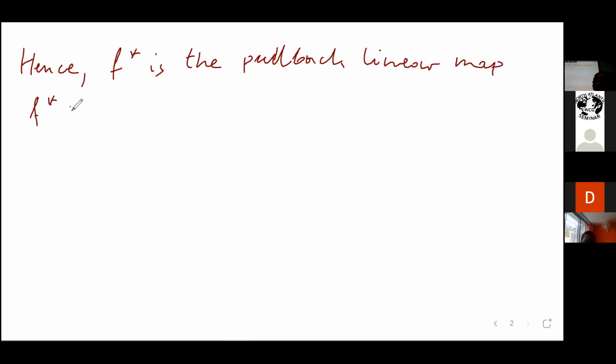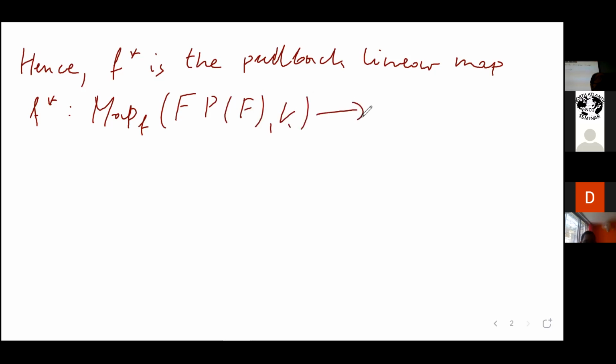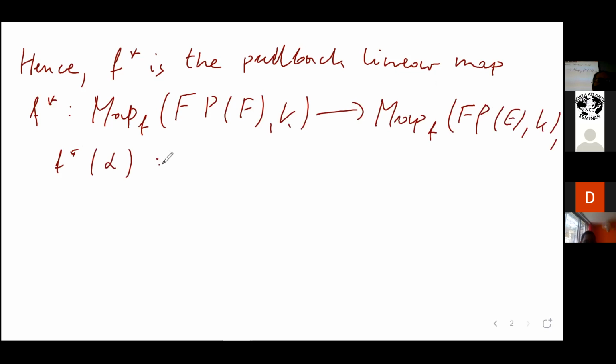F star goes from finitely supported functions on F P F to finitely supported functions on F P E. And the formula is that F star of alpha, well, it's not a definition, it's a computation. It's just alpha composed with F. So this is really a pullback map, okay?